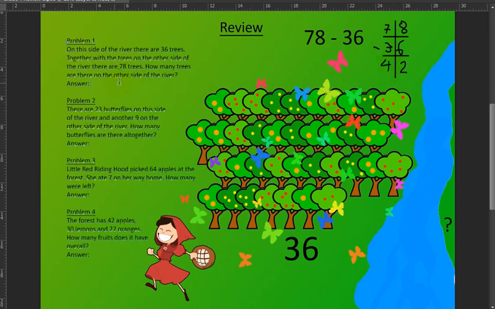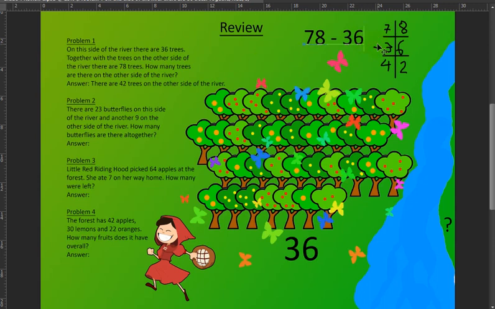So my answer should be there are 42 trees on the other side of the river.